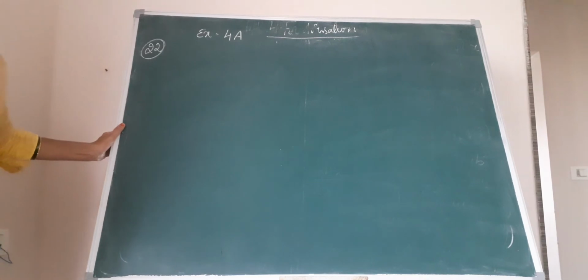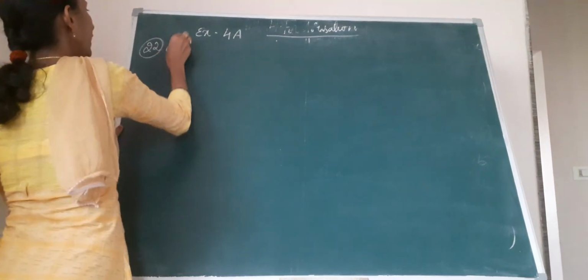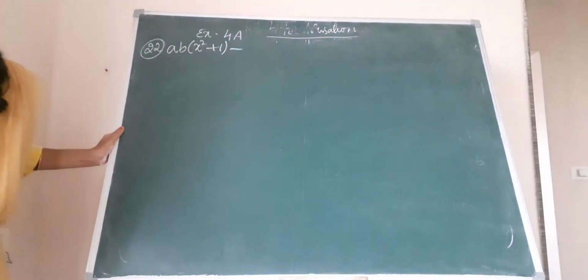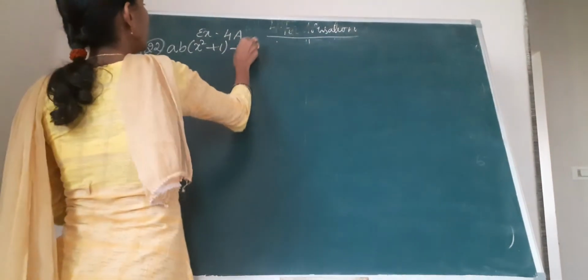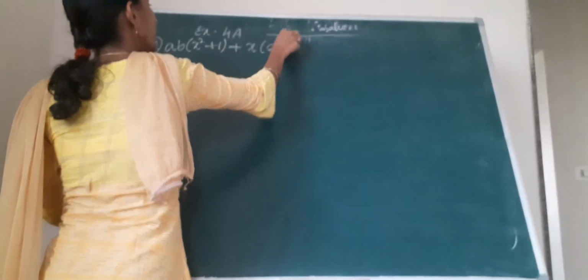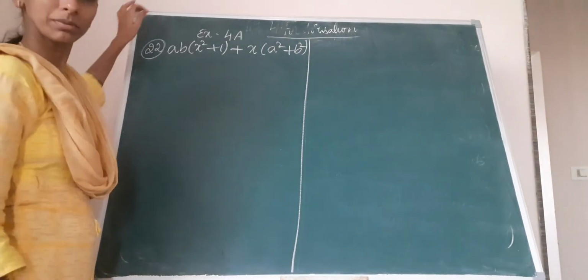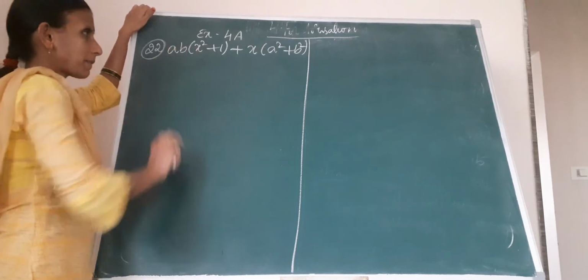Okay, our next question. ab into x square plus 1 plus x into a square plus b square. Now same as we did in the previous problem, we will expand this.